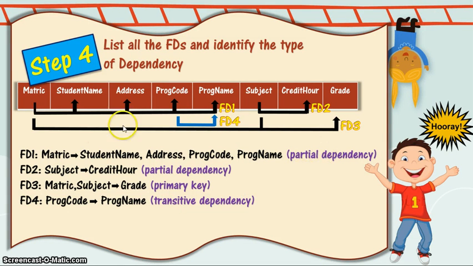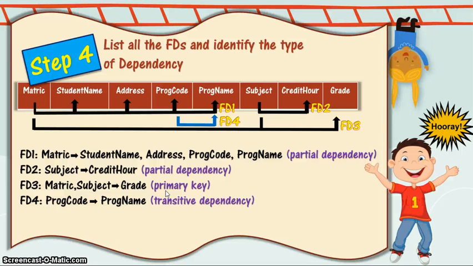Partial dependency is when a non-key attribute depends on a part of the primary key. We have two primary keys, metric and subject. So depending on a part of the primary key, we call it partial. This one is the same, part of the primary key. If it depends on the entire primary key, we call it a fully functional dependency.